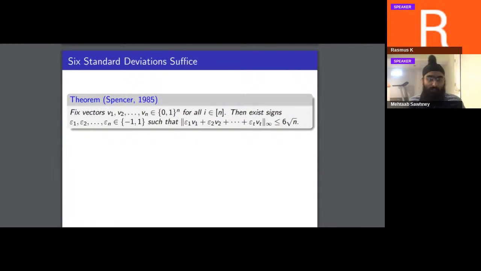Then Spencer's theorem tells you that there are signs epsilon_1 through epsilon_n, plus or minus 1, so that if you look at the signed sum of these vectors, the sum of epsilon_i v_i, the infinity norm of this vector is bounded by 6 times square root n.